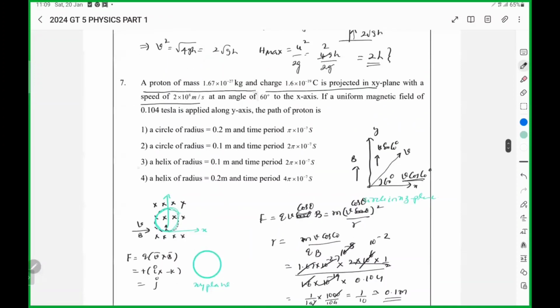Right. It is a helix. It is not a circle, because it has both components. Only when velocity is perpendicular to the magnetic field does it move in a circle. It has horizontal as well as vertical components, so it moves in a helical path.